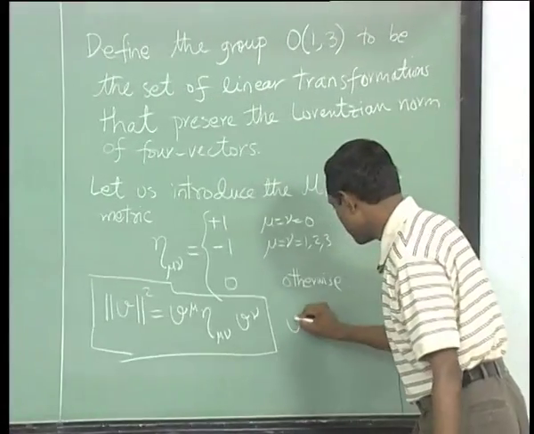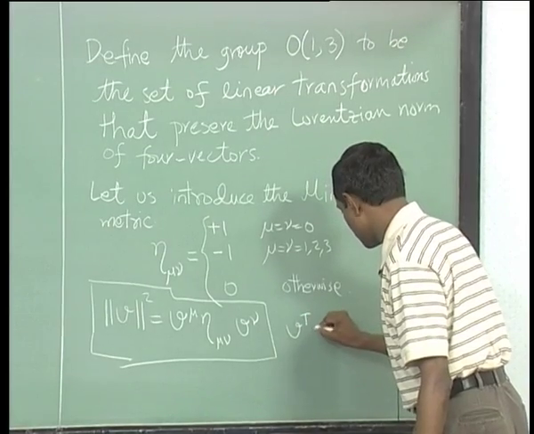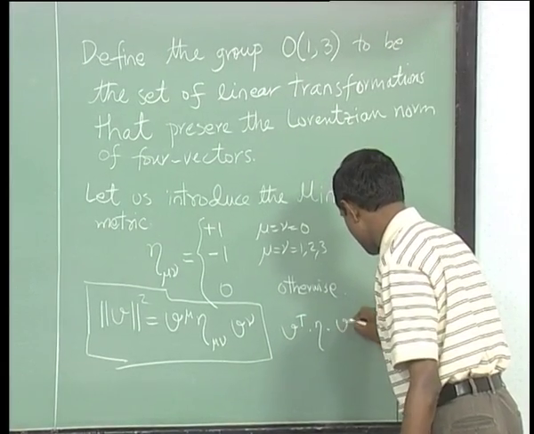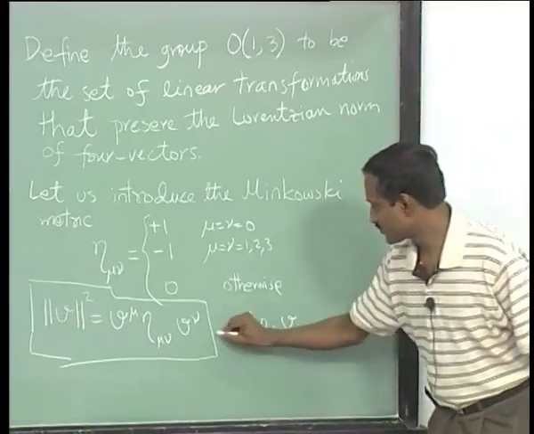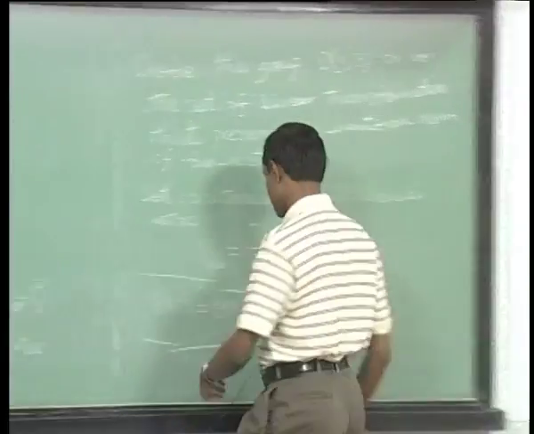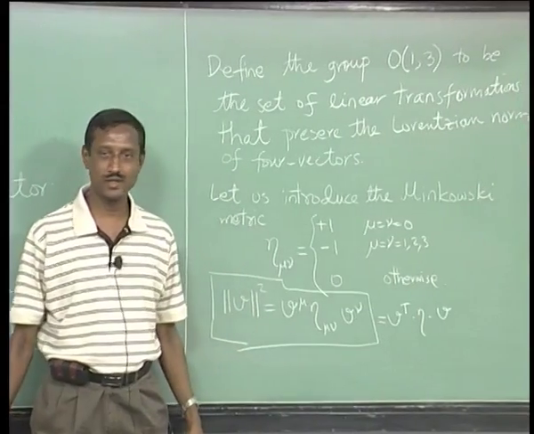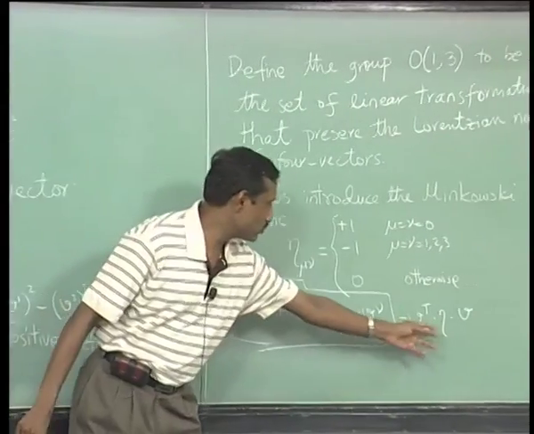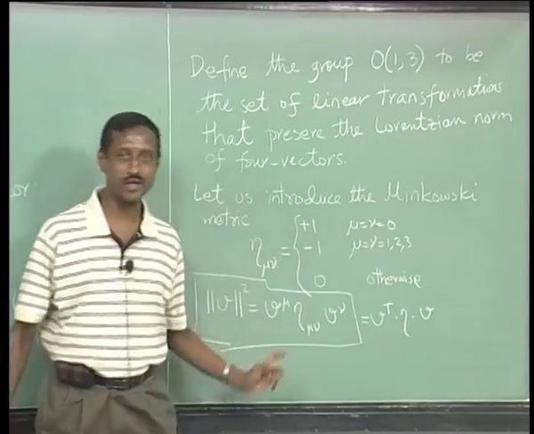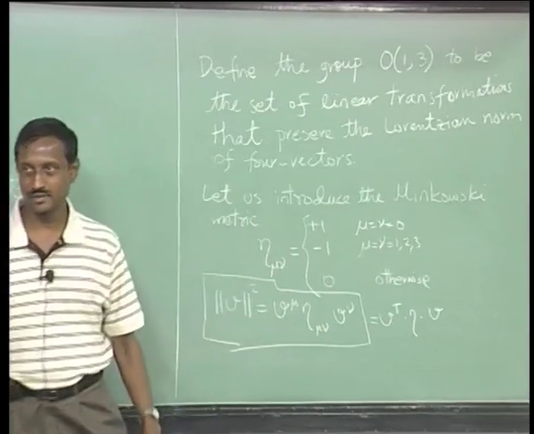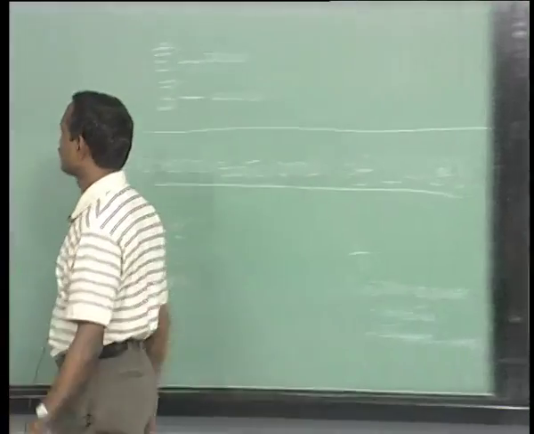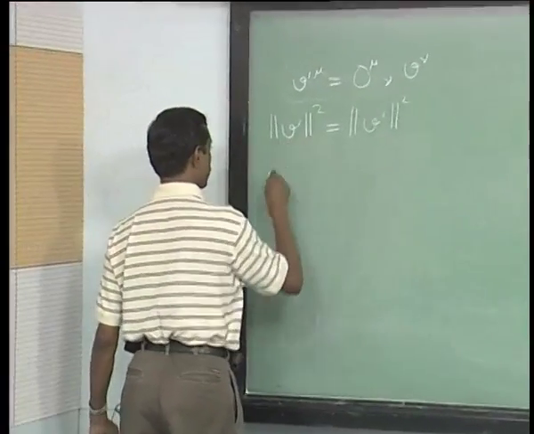This thing I can write as V transpose dot eta dot V. This is the same as this, but now I have hidden all the index structure, but more or less you know what it is, because you know eta as I defined it right now has lower indices. Okay, so let us start from here.